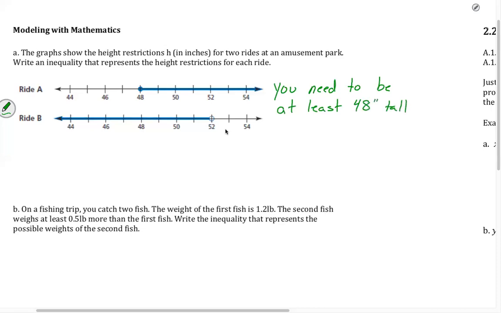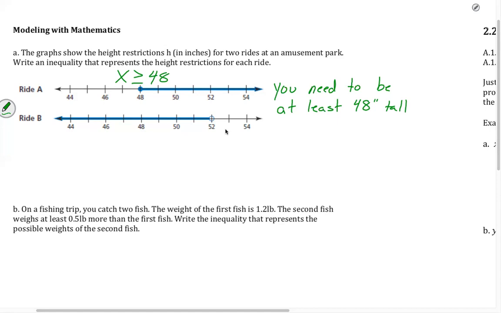So that's what the sign would say for Steel Force. You need to be at least 48 inches tall. Here's the inequality. It's going to say x is greater than or equal to 48.